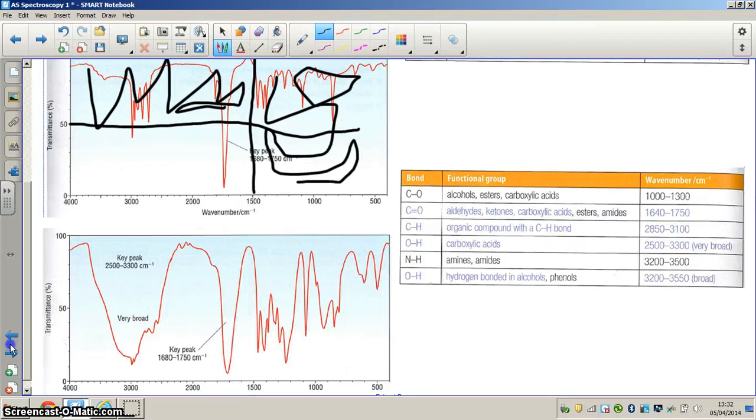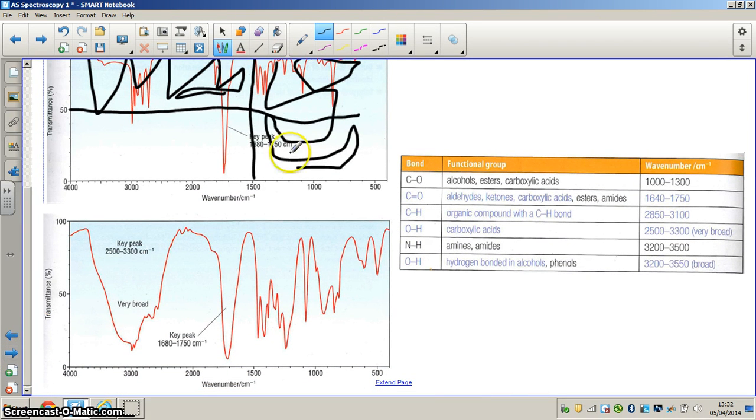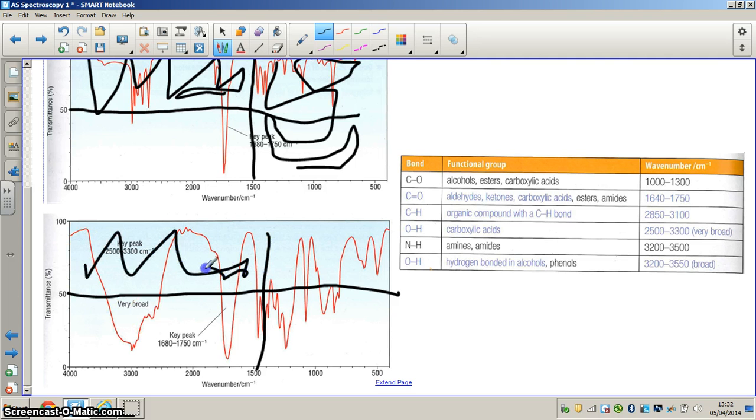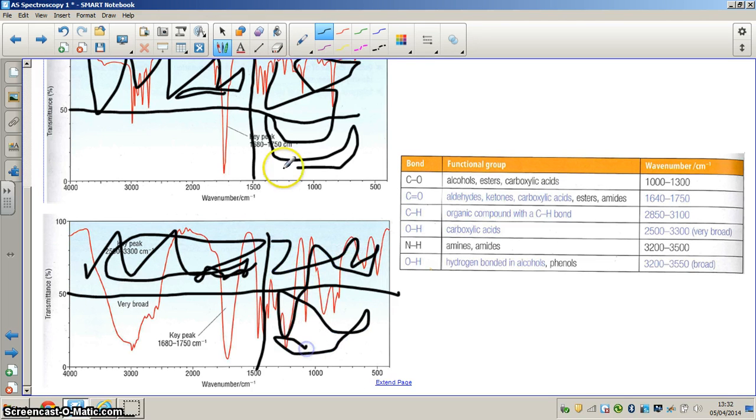And let's look at our final example. Again, I'll draw some lines. In this case, we have two peaks. We have this one to consider, and we have this one to consider. And this is a broad peak around about 3,000, and this is a narrow peak, a very defined narrow peak at about 1,700.